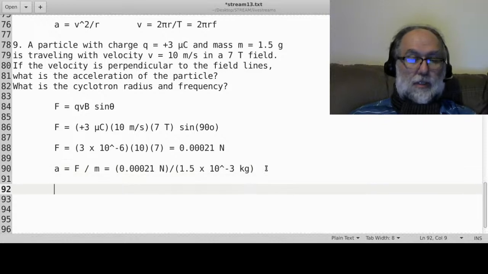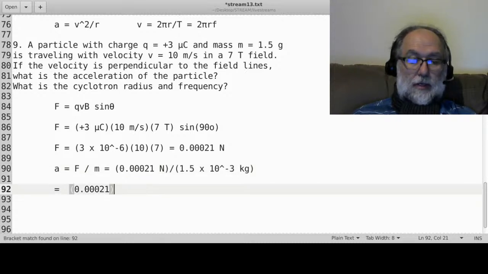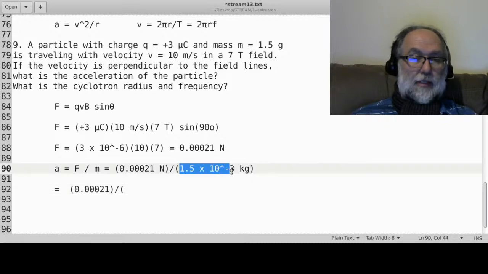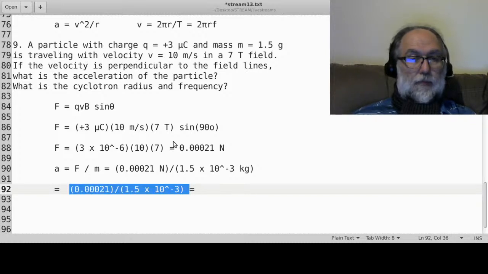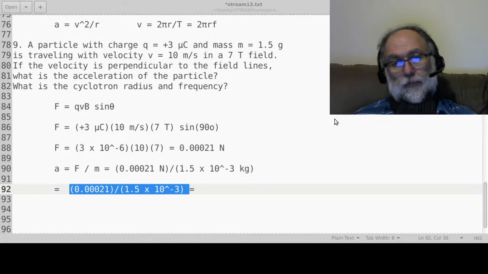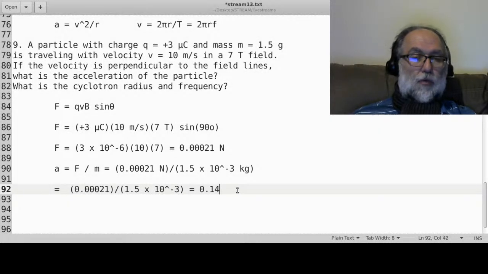So this is going to equal this number here in MKS divided by this number here in MKS. All right, and what's that going to equal?